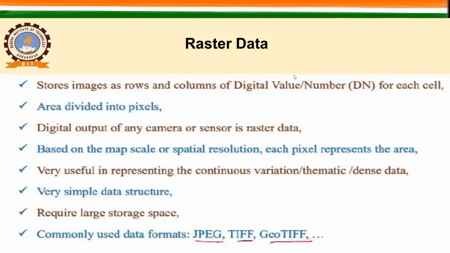It requires large storage space because this area is divided into small pixels and each pixel will have associated values and those values need to be stored in your hard disk. So it requires the largest space. Commonly used data formats are JPG, TIFF and GeoTIFF that you already know, right?